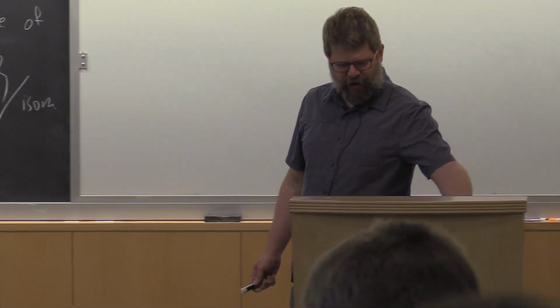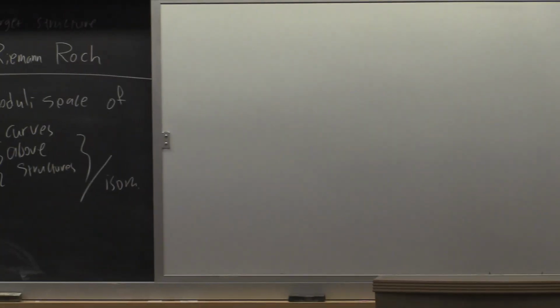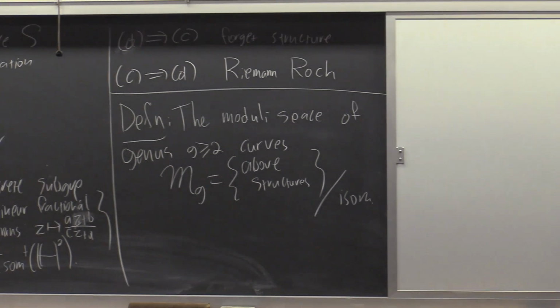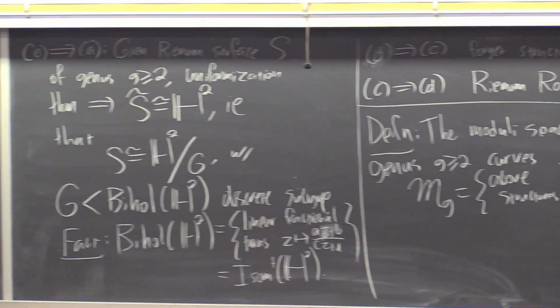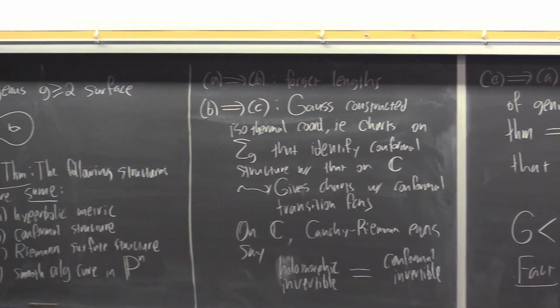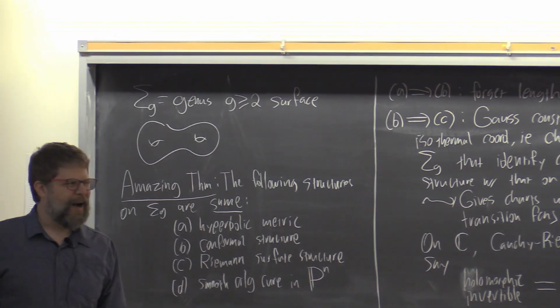So anyways, how do we construct M_g, right? The construction of M_g is a sort of lengthy process. The idea that there would be a space of, say, Riemann surfaces was first dreamed about by Riemann in the 19th century. He even could figure out what dimension it should be as a complex manifold: it should be 3g minus 3 dimensional.